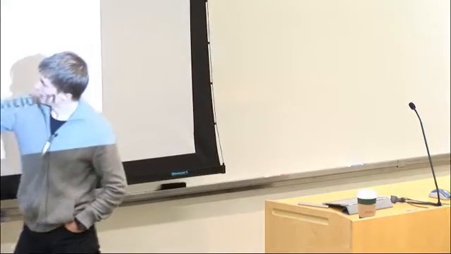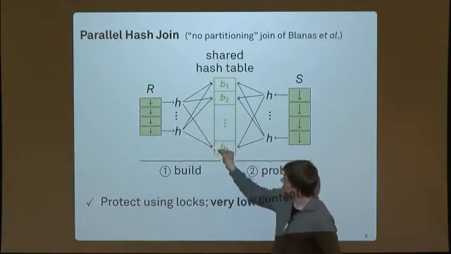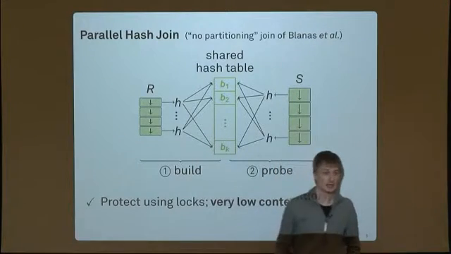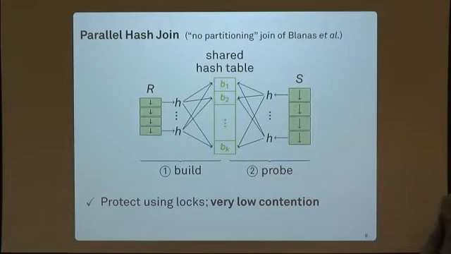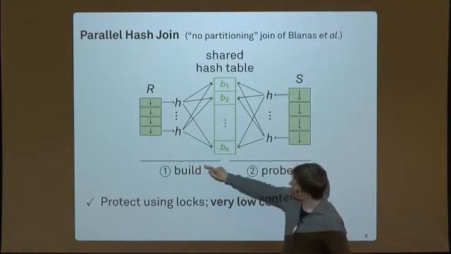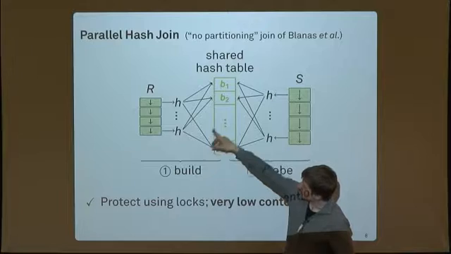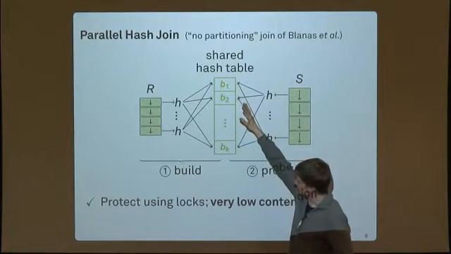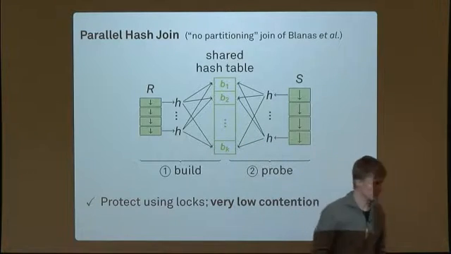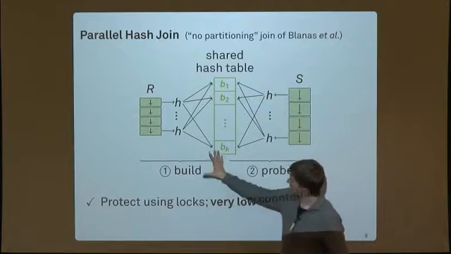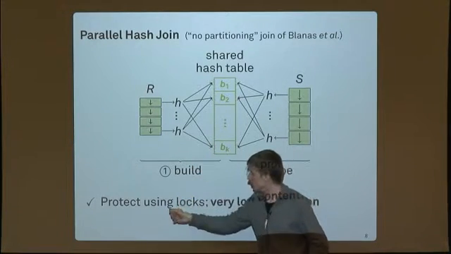You do need a locking mechanism here, because in the build phase, the hash table is accessed concurrently. But you benefit from the cardinalities being easily in the millions, and then the chance of getting a collision on that hash table is basically negligible. So this parallelizes very well.